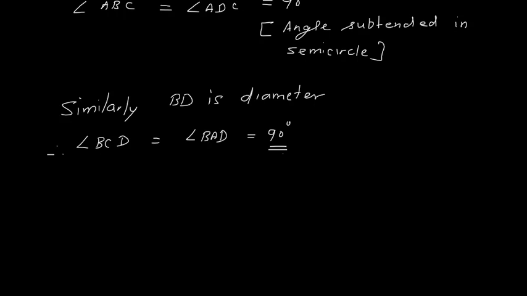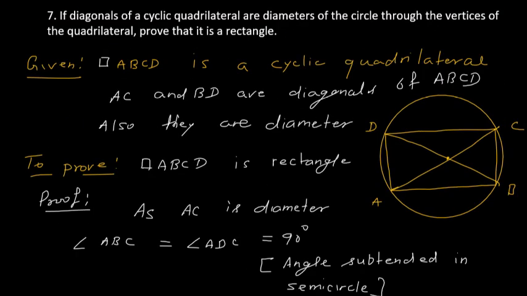Angle in a semicircle. So all the angles are 90 degrees, therefore ABCD is a rectangle.